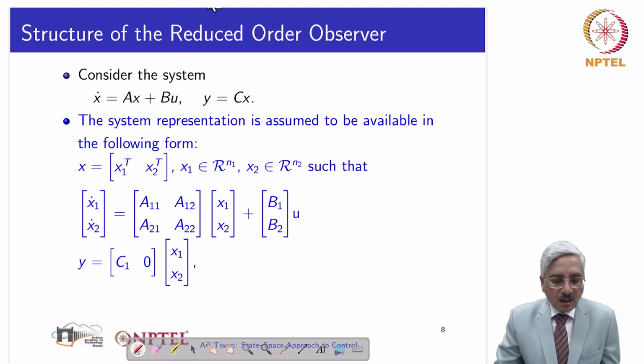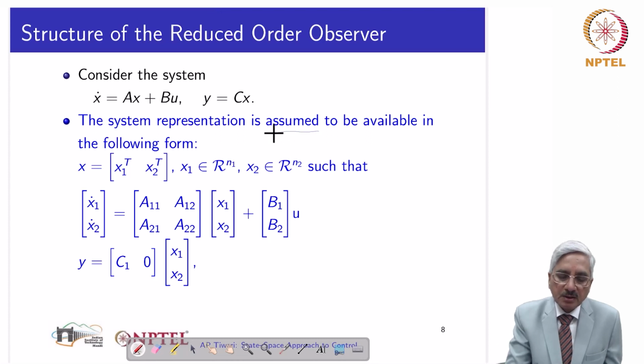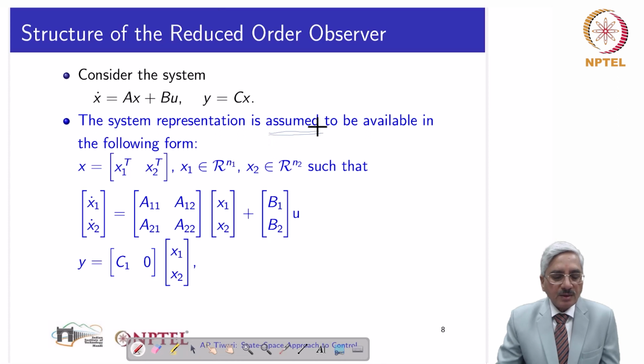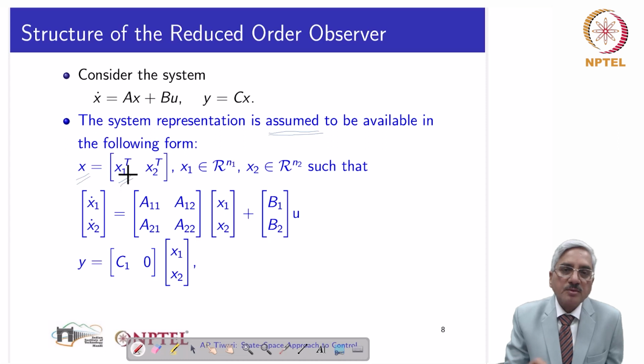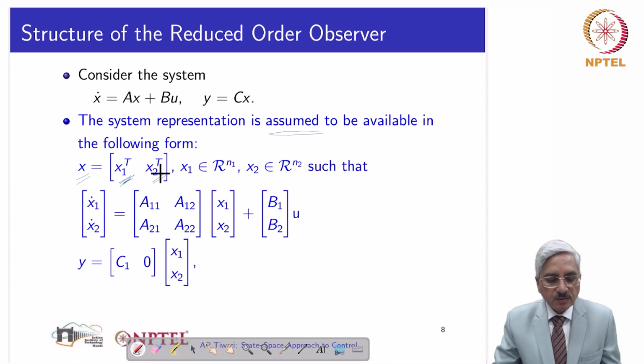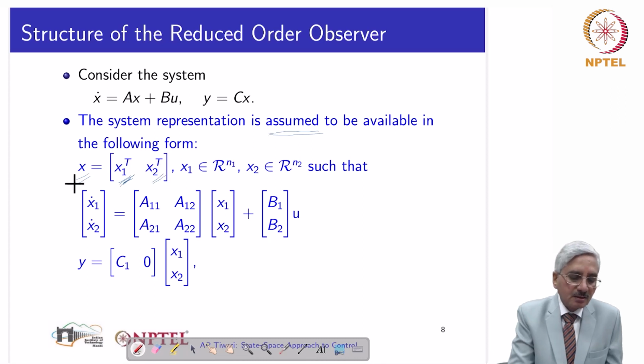However, at the very outset, we are assuming that the system dynamics is available in a form in which the state vector x is grouped into a smaller set of state variables x1, and another smaller set of state variables x2. Both x1 and x2 are smaller sets of state variables than x.